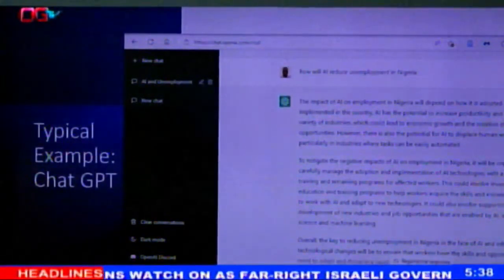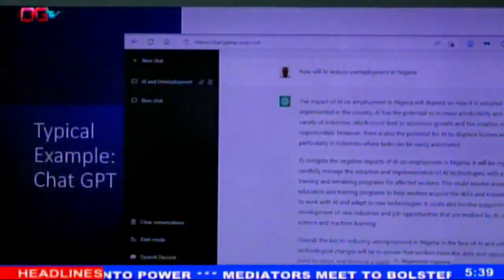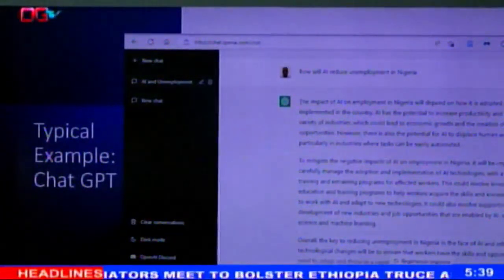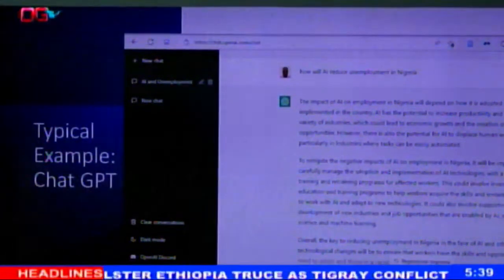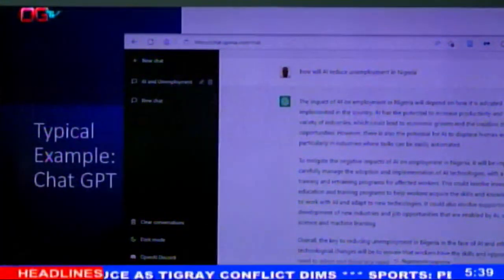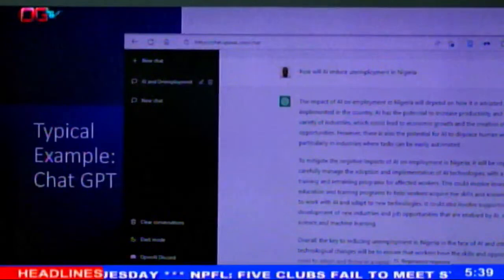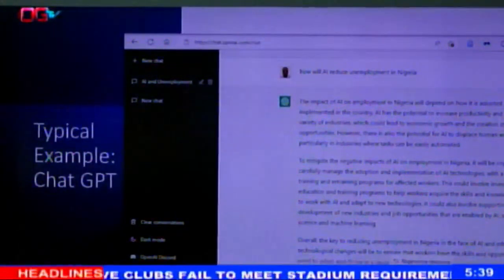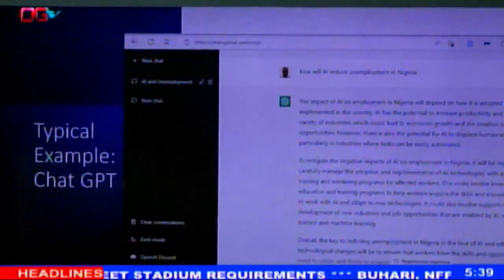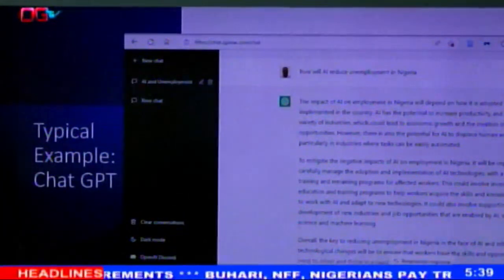You can ask ChatGPT any question. If you want to write an essay as a student, just type it. See the question I asked ChatGPT: how will AI reduce unemployment in Nigeria? In less than 10 seconds, it gave me some of the answers here. I don't want to read it, but they are all here. So this is just a typical example of what we can do with the massive amount of data that is available.